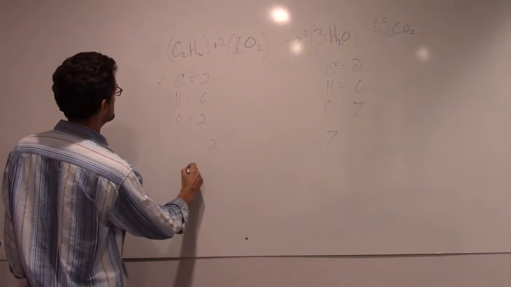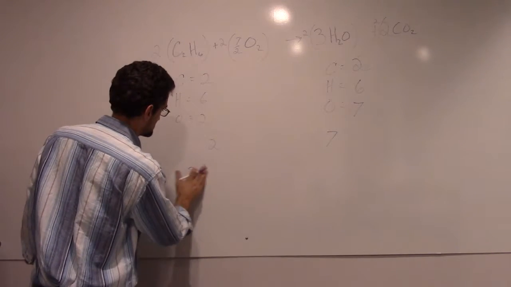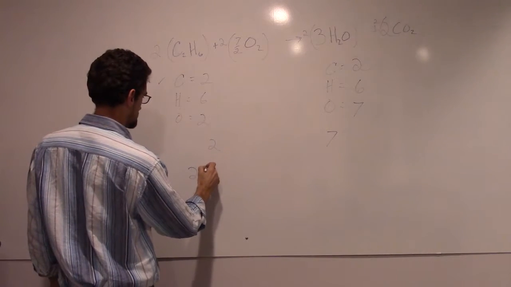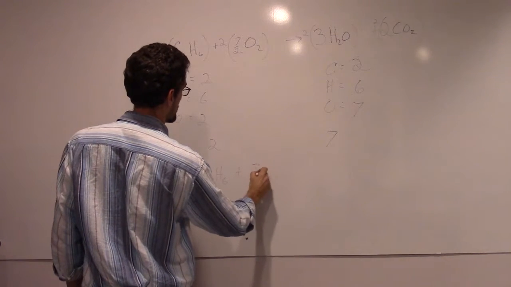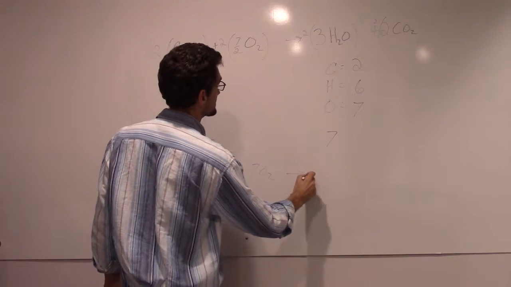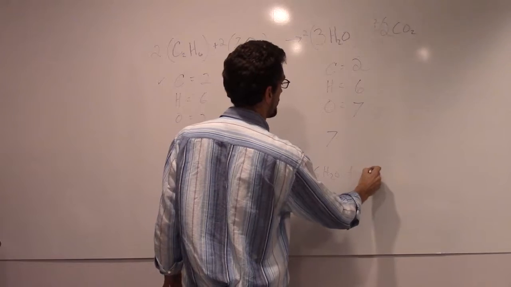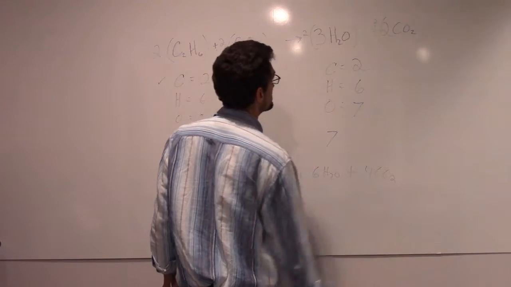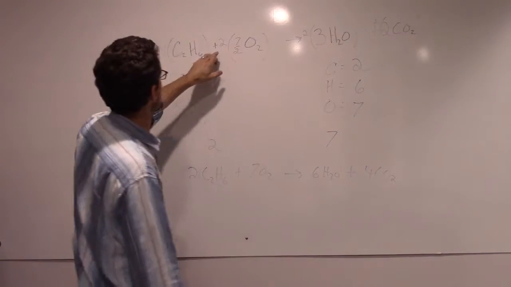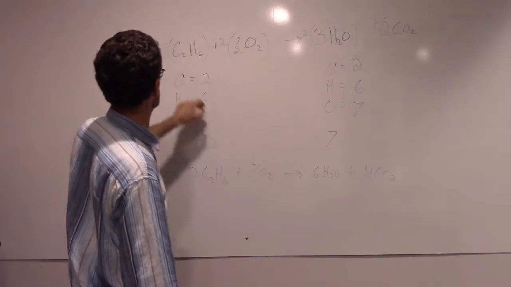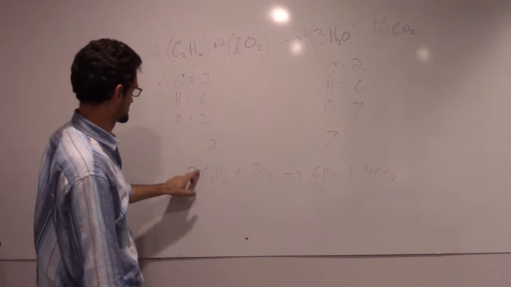That's going to give us 2 C2H6s plus 7 O2s react to form 6 H2Os plus 4 CO2s. 2 times 2, 4 CO2s, 2 times 3 is 6 H2Os, 2 times 7 halves is 7 oxygens, and 2 times 1 is 2 C2H6s.